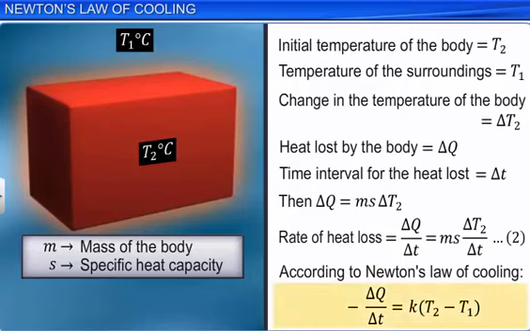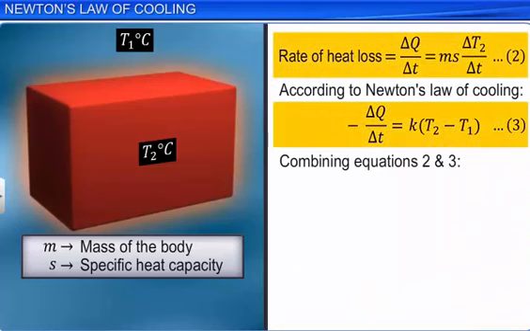Combining equations 2 and 3, we get minus m S into delta T2 by delta t is equal to K into T2 minus T1, or delta T2 by T2 minus T1 is equal to minus K by m S into delta t. Let this be equation 4.